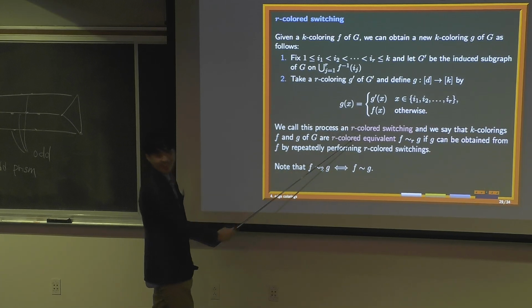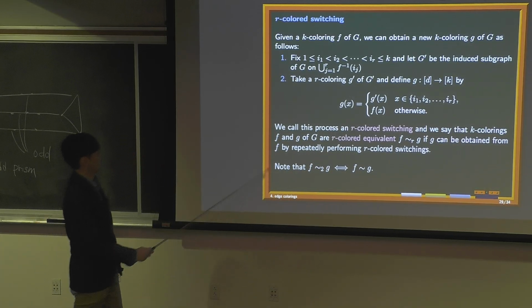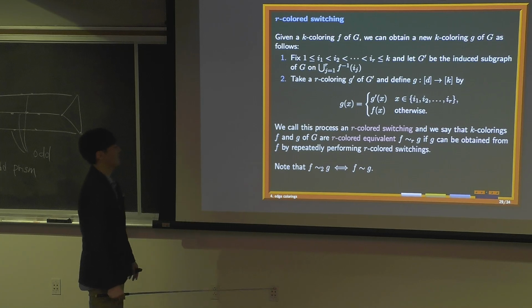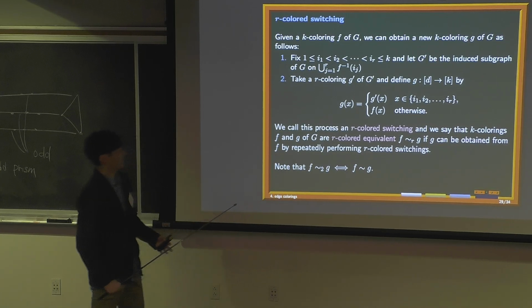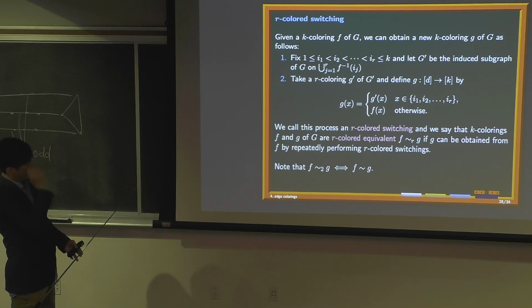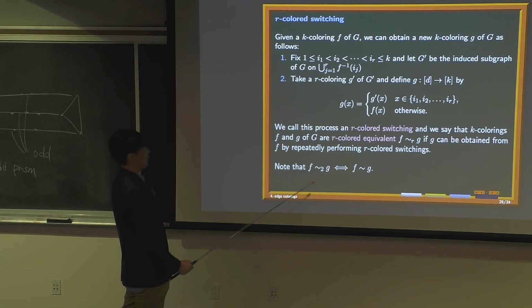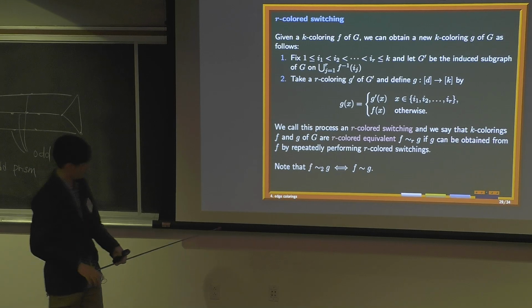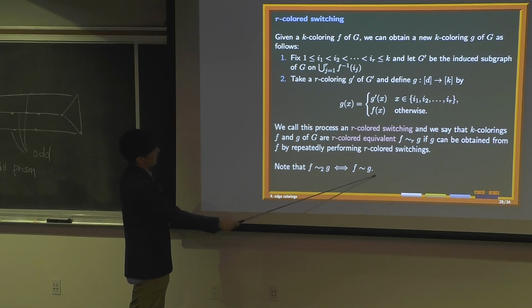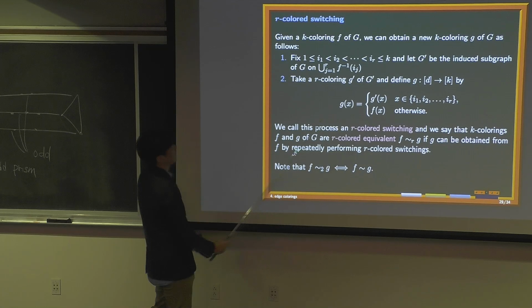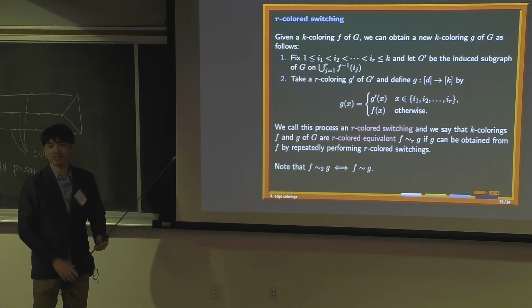If we use r colors, we say that two k-colorings f and g are r-colored equivalent if g can be obtained from f by repeatedly performing r-colored switching. The definitions of Kempe equivalence and 2-colored equivalence are different, but two k-colorings are Kempe equivalent if and only if they are 2-colored equivalent. So this equivalence is a generalization of Kempe equivalence.